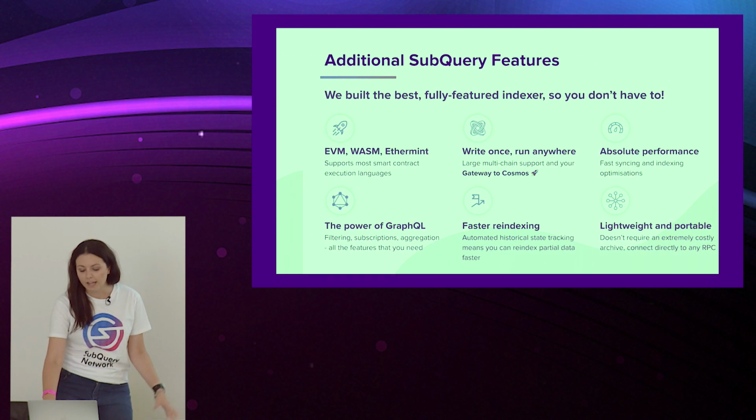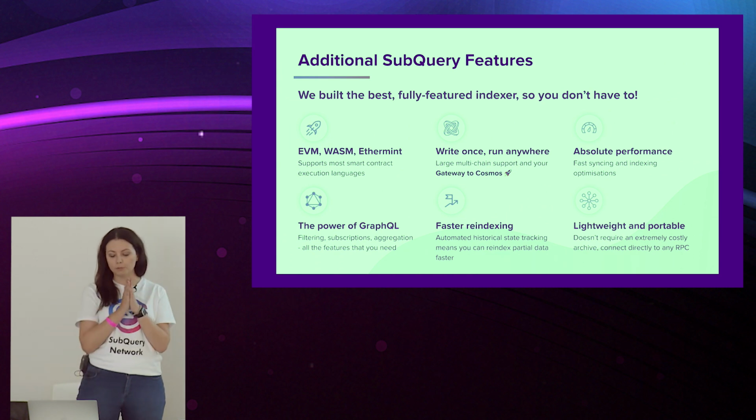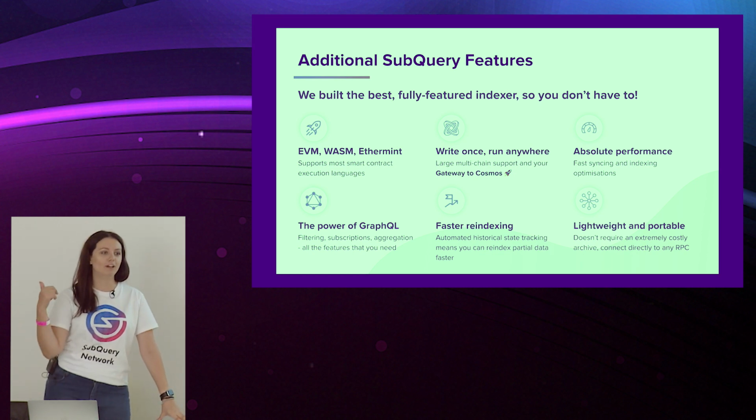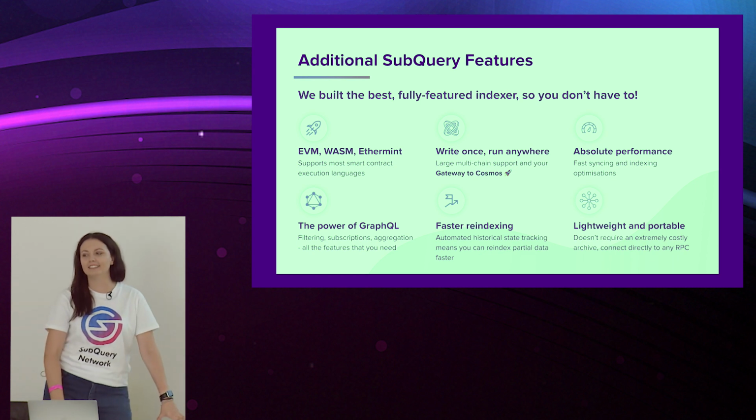And other features that can be of interest for you is, of course, we support most smart contract languages, execution languages. As I said previously, you can write it once and then run it everywhere. So here we are to discuss Cosmos and gateway to Cosmos, right? But as I said, it works beyond Cosmos. It's performant. We also provide a GraphQL API, so it's very easy to query.